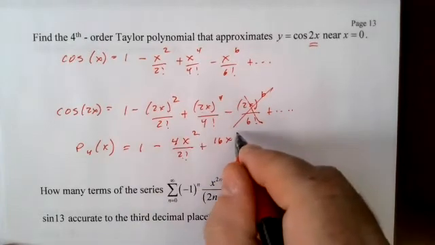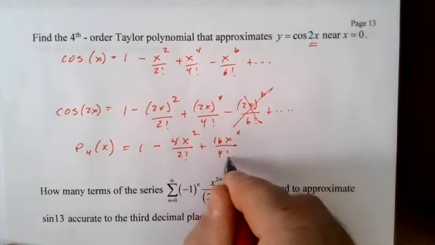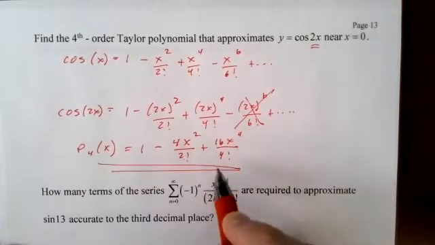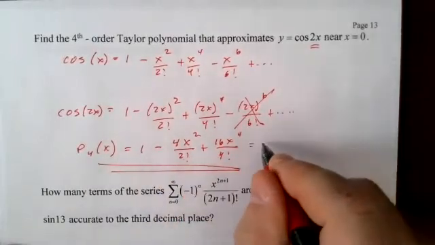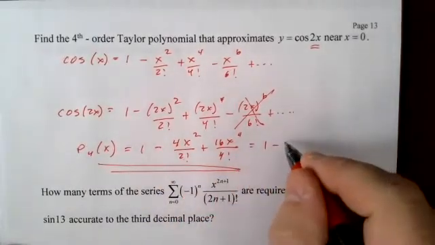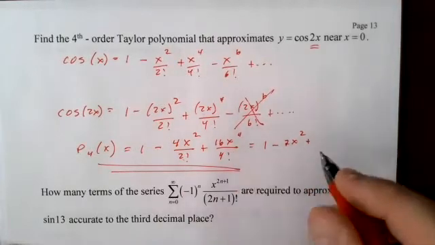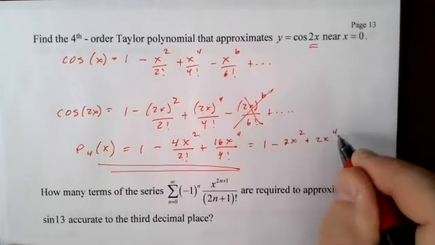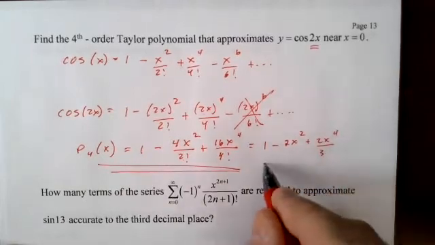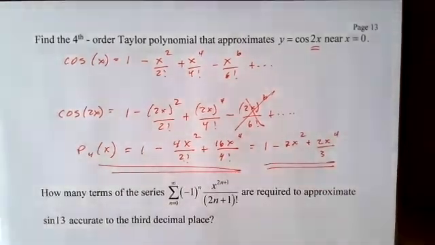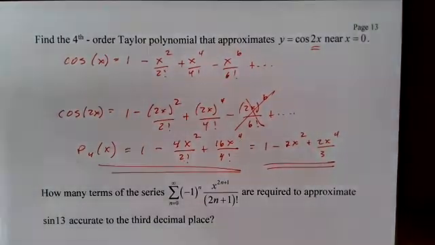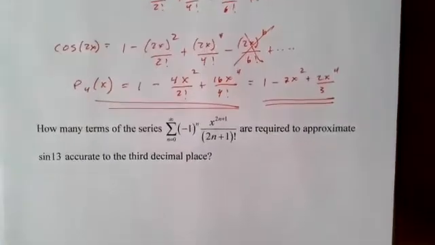X to the 4th over 4 factorial. If you wanted, you could cancel that out and say, well, it's 1 minus 2x squared plus 2x to the 4th over 3. But I wouldn't do that. I think that's crazy. Cool, huh? It's cool. There's no other way to describe it.